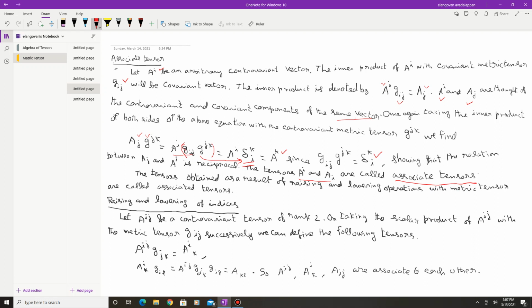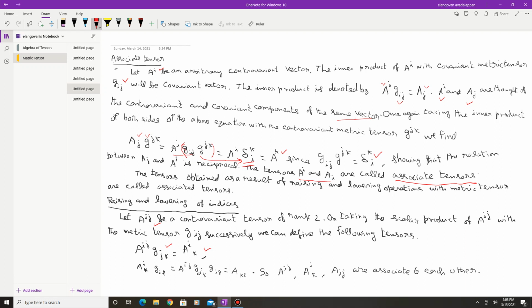Now let us discuss the raising and lowering of indices. Let A^ij be a contravariant tensor of rank 2. On taking the scalar product of A^ij with the metric tensor g_jk, j is a dummy index, so if you perform the summation, finally you will get a mixed tensor A^i_k, contravariant rank 1 and covariant rank 1.